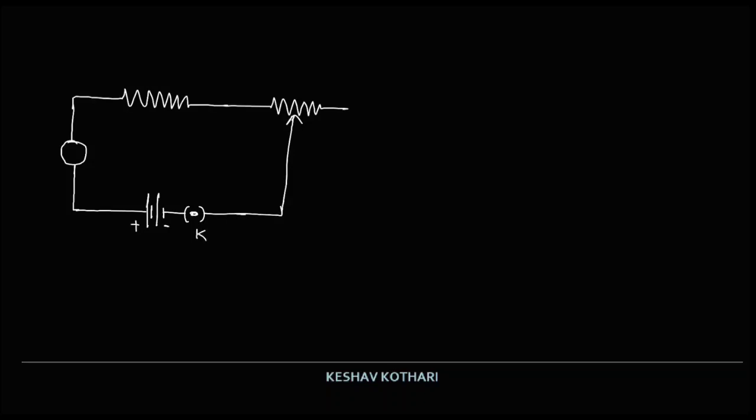This is key K, ammeter A, resistance R, a voltmeter V, and a rheostat RH.